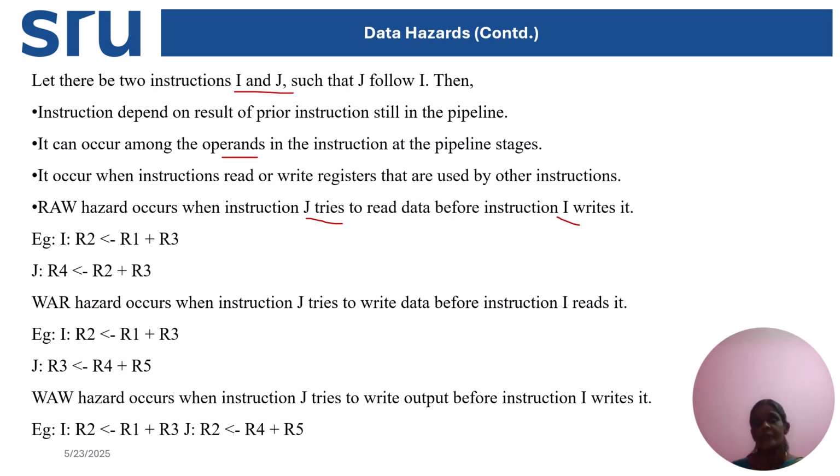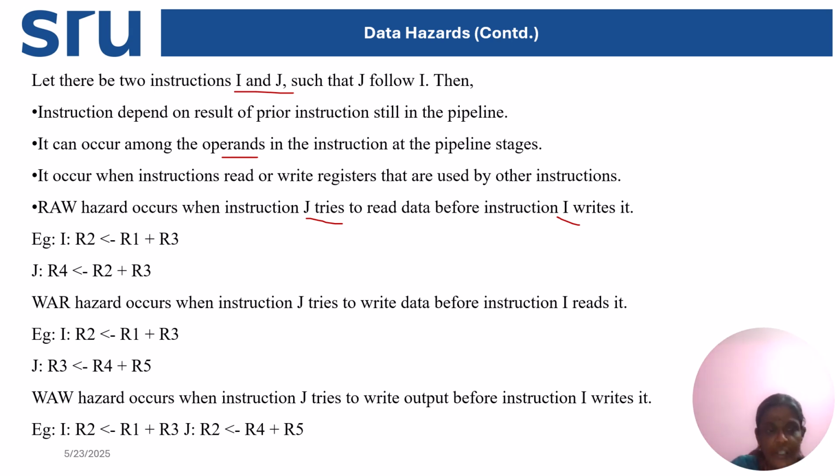So I does not complete the execution. If it completes, it will give the data to J. But J is fast. That is why before execution it is trying to take the data from I. Then what will happen? The data will be incorrect.